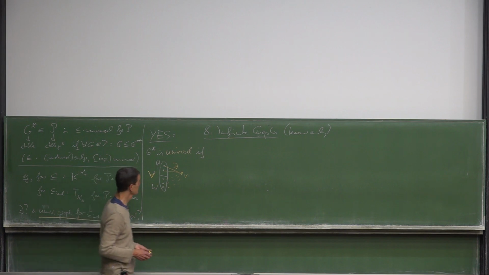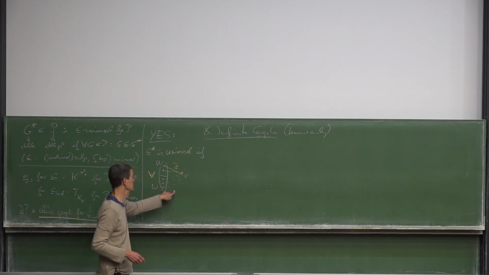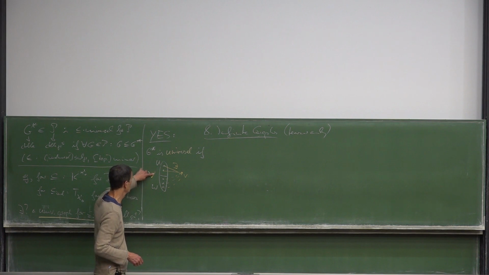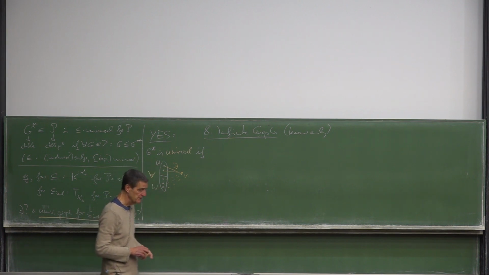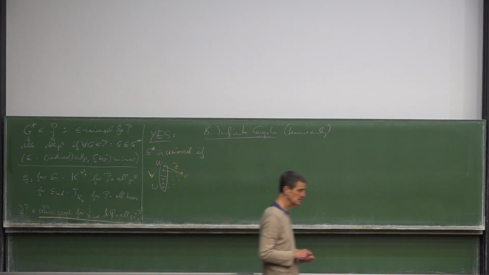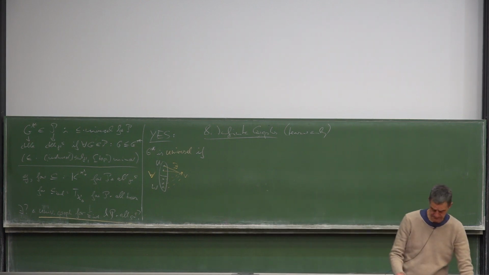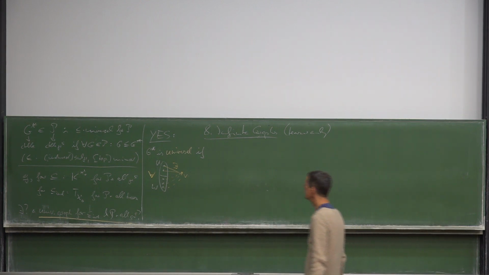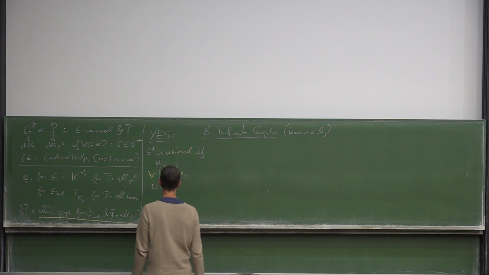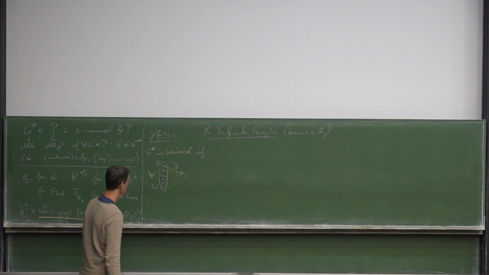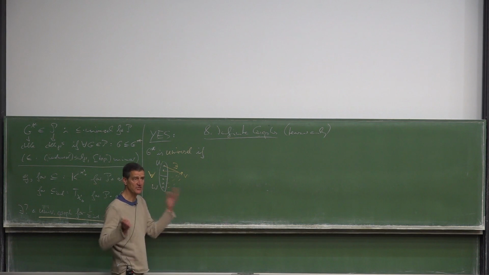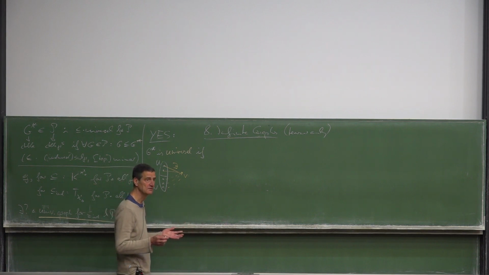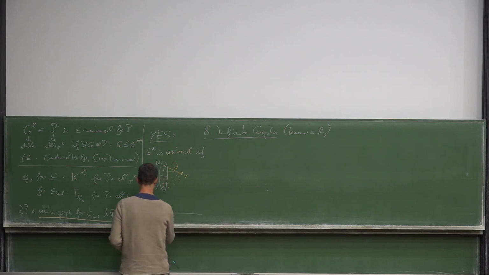Okay, if G star has this property for all these choices of U and W, then it's clearly universal. Right? Why? Take any old G, a countable graph.